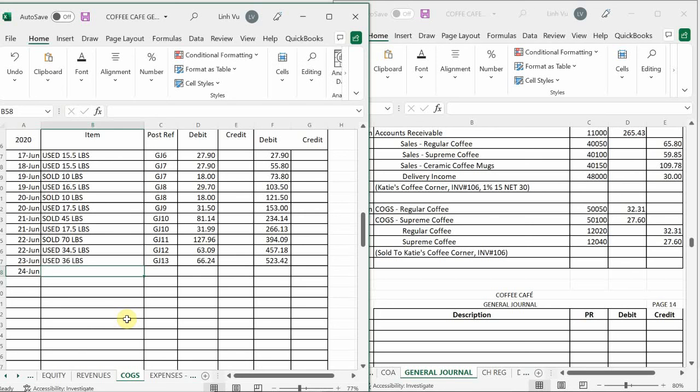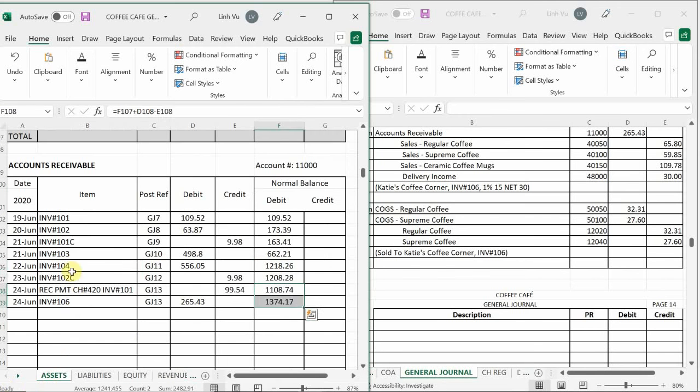And we also sold 15 pounds to Katie for $27.60. So that should give you $551.02. Okay. So now we need to update my inventory.